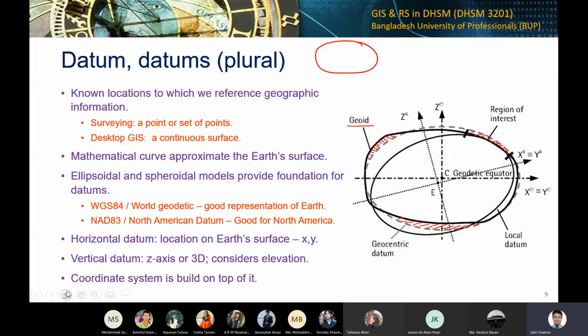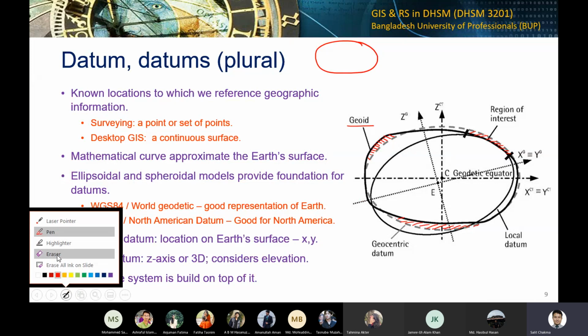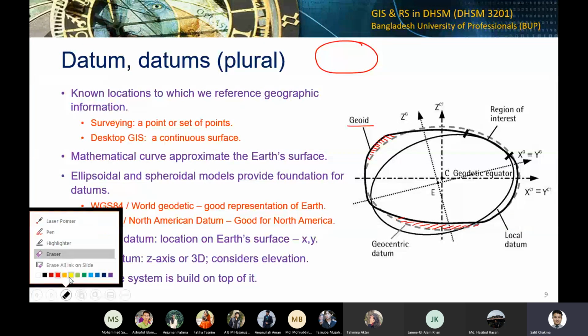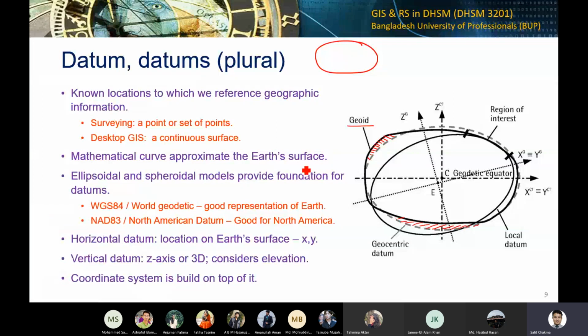I'm going to clear this line so that you can see clearly. So these are the mismatches that we have. The gray one is the geocentric datum and the thick black one is the geoid.